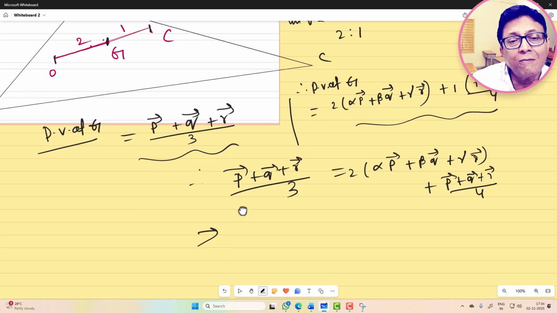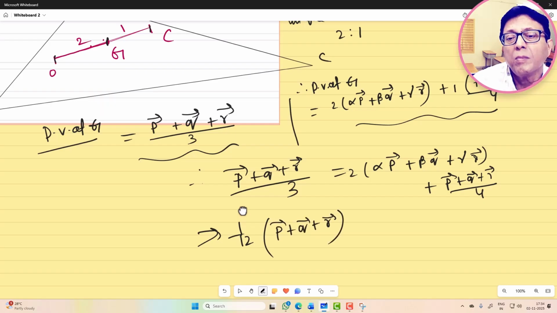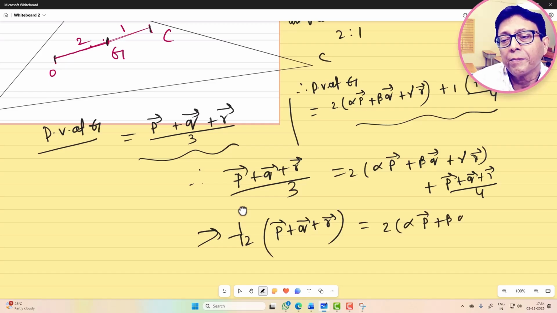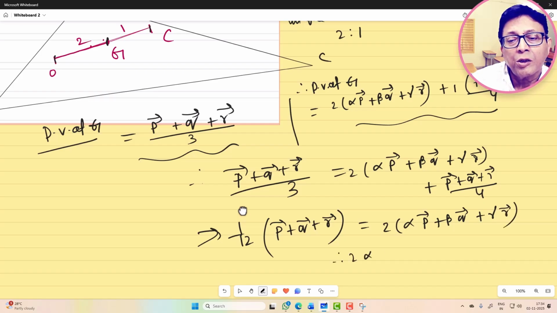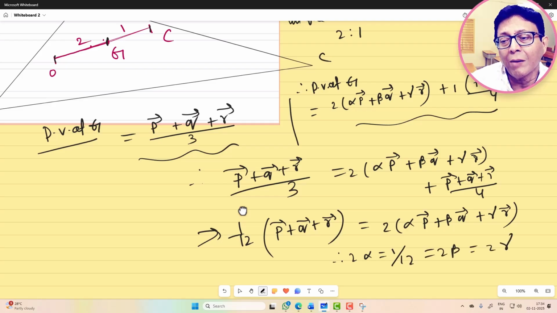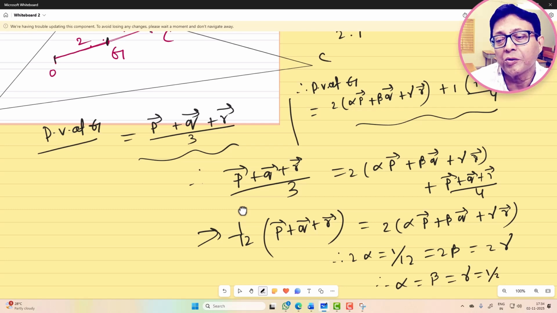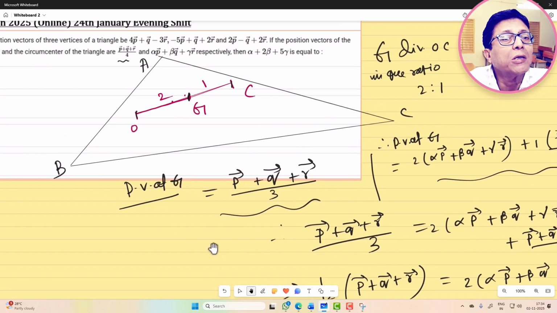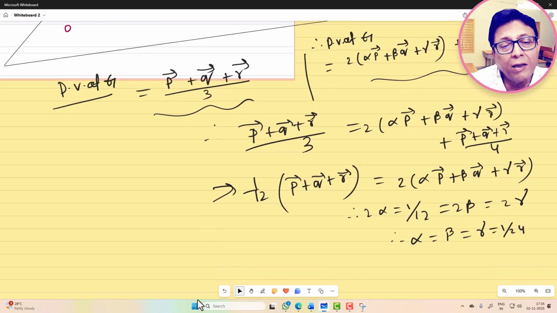You take it on the left side. So 1 by 12, 12 is the LCM. It is going to be P plus Q plus R equal to 2 into alpha P, beta Q, gamma R. Therefore, 2 alpha is 1 by 12, 2 beta 1 by 12, 2 gamma also 1 by 12. So alpha, beta, gamma are equal. They are going to be 1 by 24. Now alpha plus 2 beta plus 5 gamma.